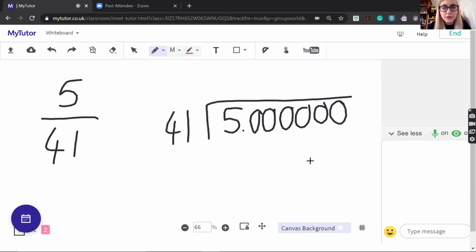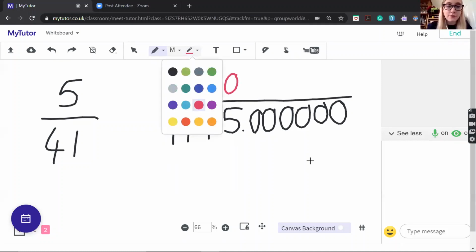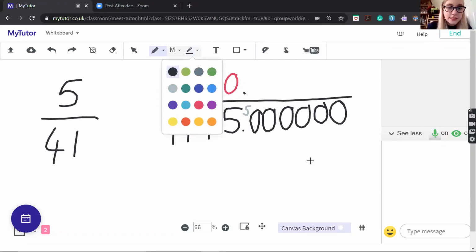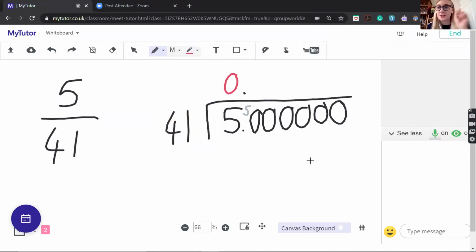So 41s into 5 go 0 times with a remainder of 5. And we've got to remember to put the decimal point in the same place above, in line. So then it's 41s into 50, which hopefully you can see just goes the 1 time, and then we have the remainder of 9.